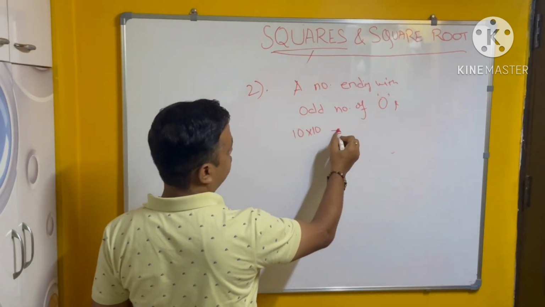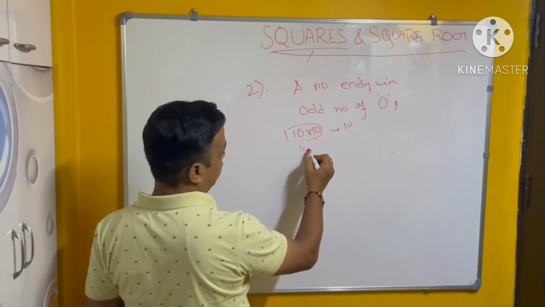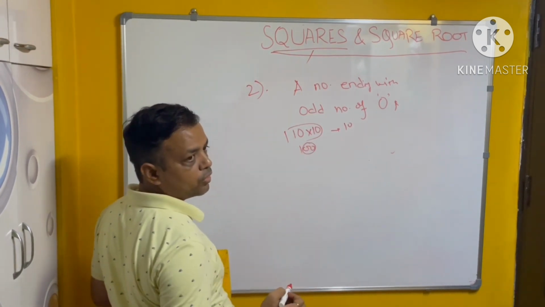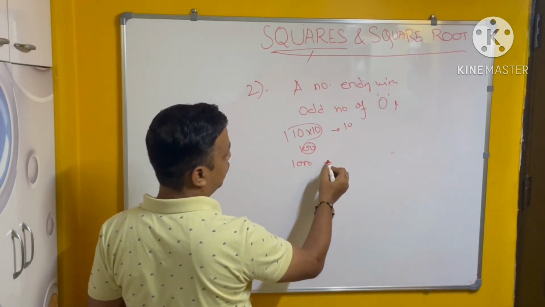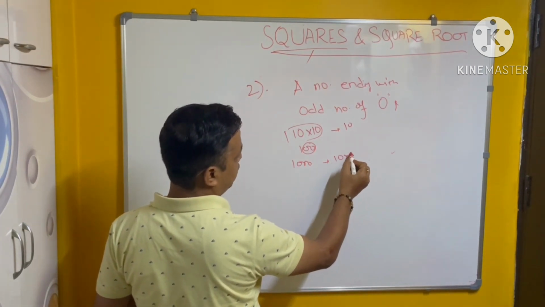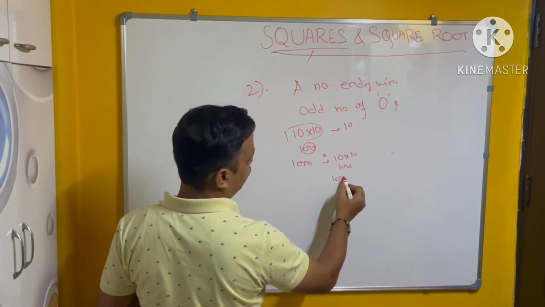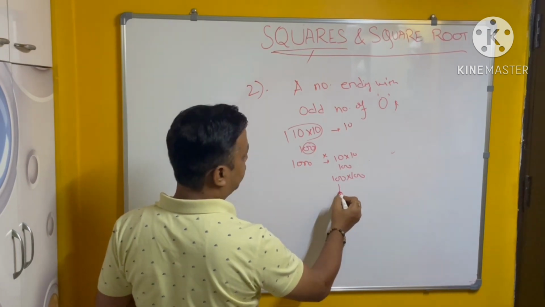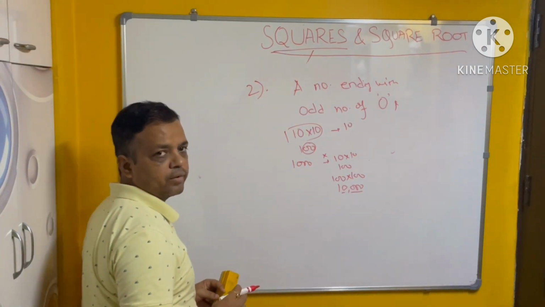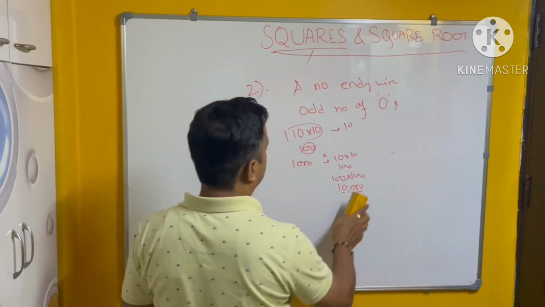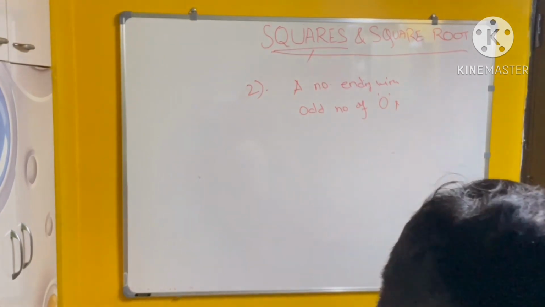It is a perfect square of 10 because it is a pair of 10. When we multiply, 2 zeros will come. So 1000 cannot be a perfect square. If you multiply 10 into 10, then 100 will come, right? Or if you multiply 100 into 100, then 10,000 will become. So an even number of zeros are there, right?